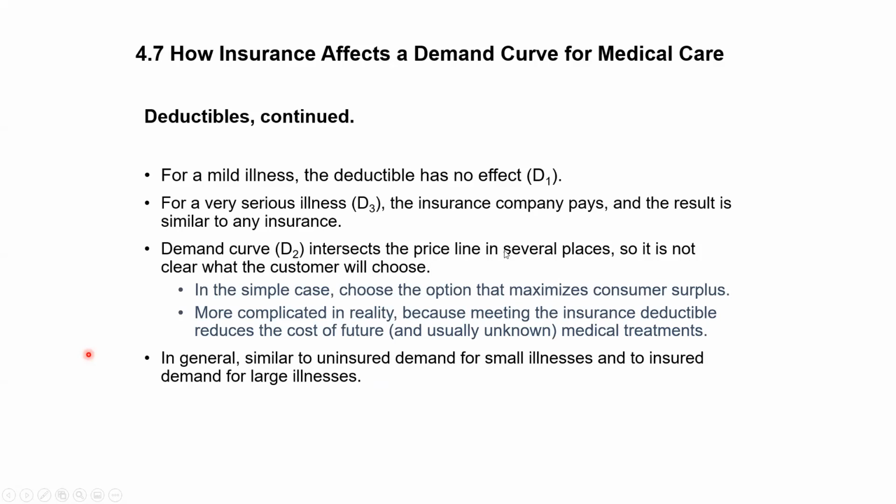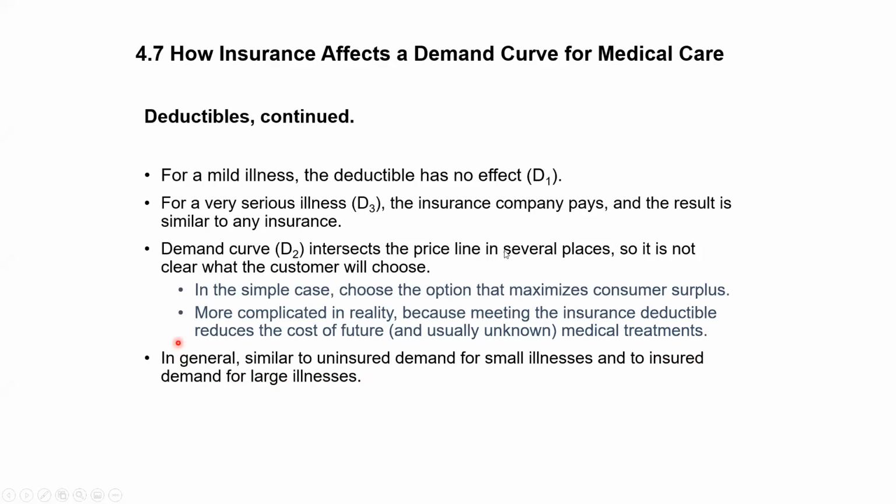In several places it is not clear which option the consumer will choose, but the consumer will choose the option that maximizes their benefit. It will choose A if triangle A is bigger than B, and choose B if triangle B is greater. Because insurance with a deductible reduces the cost of future and usually non-medical treatments.